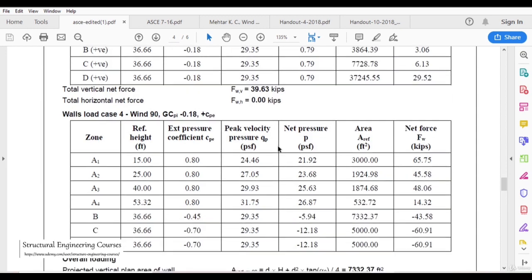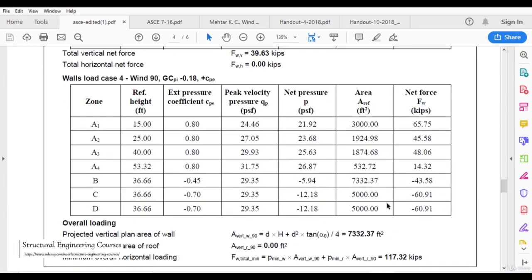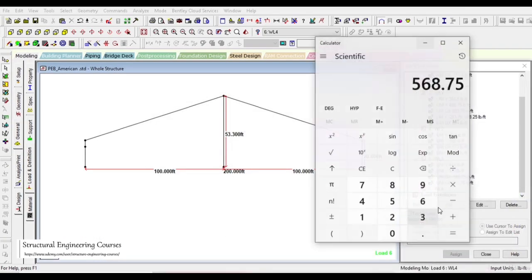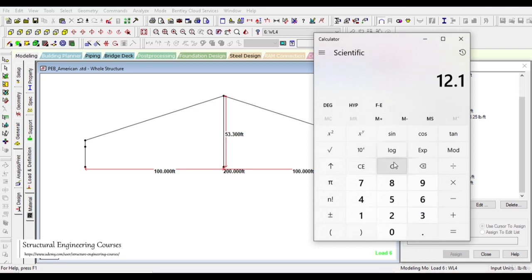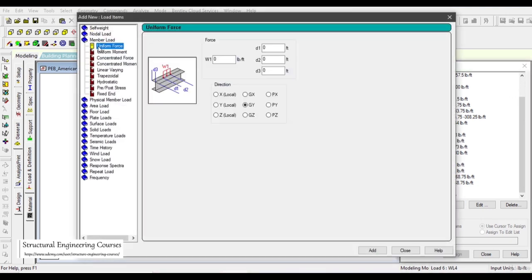Similarly, we can assign WL4 also. For the walls, we can see that it is 12.18 for C and D. 12.18 into 25 comes out to be 305. So it's member load minus 305 and plus 305.